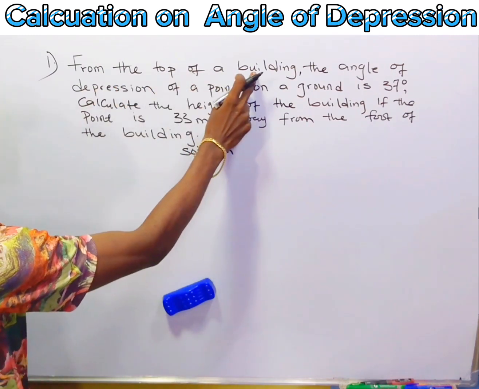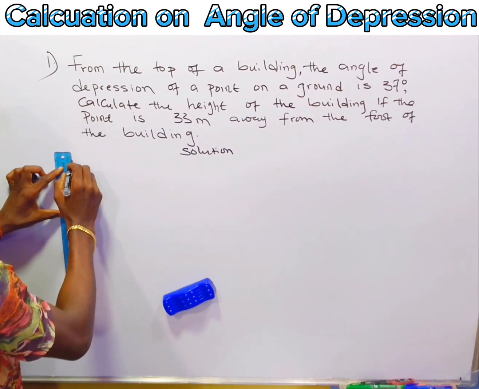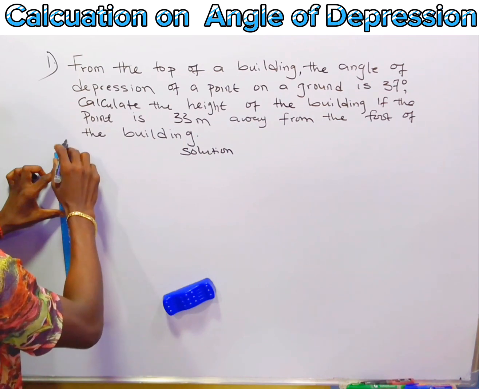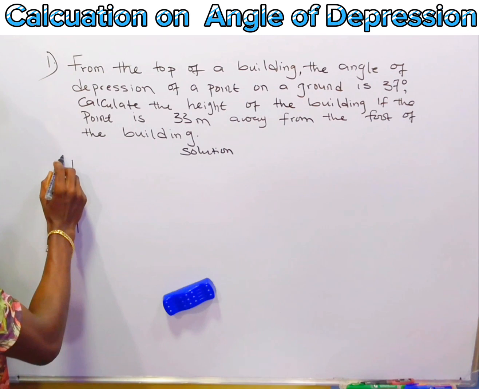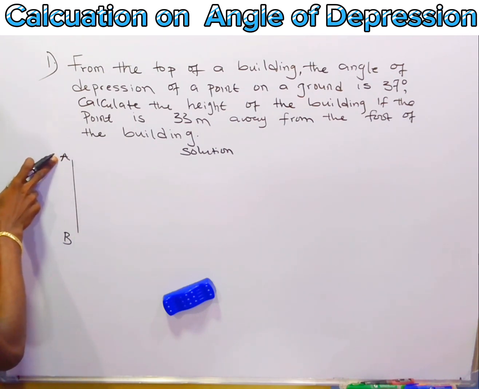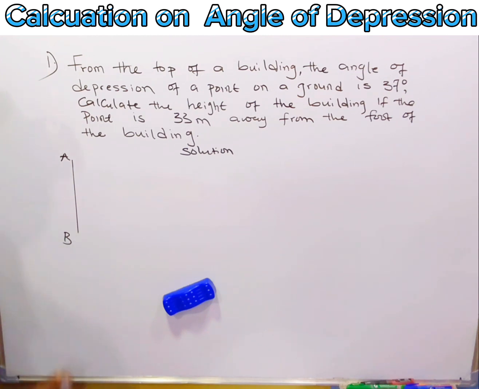From the top of a building, let this be the top of our building. Let this be the building. Let's label it A, B. A is the end point, which is the top point, and B is the floor point.